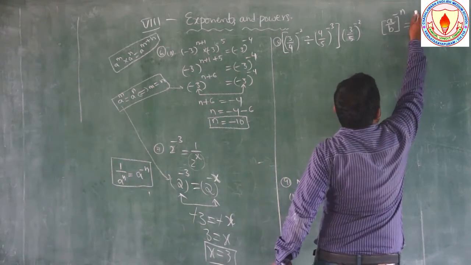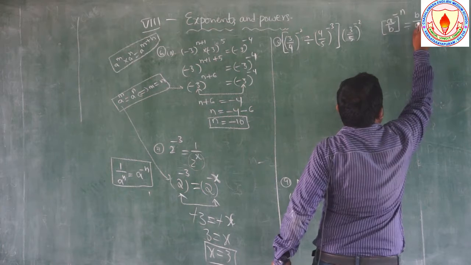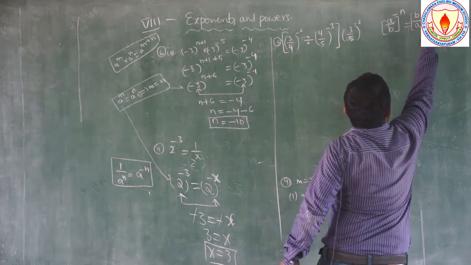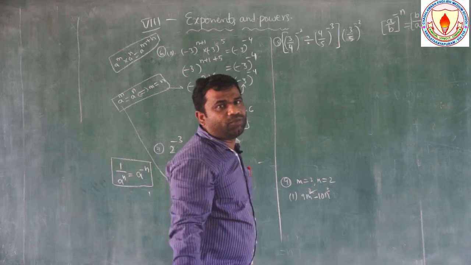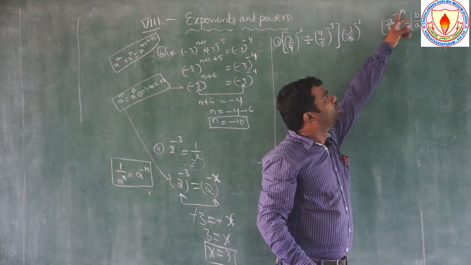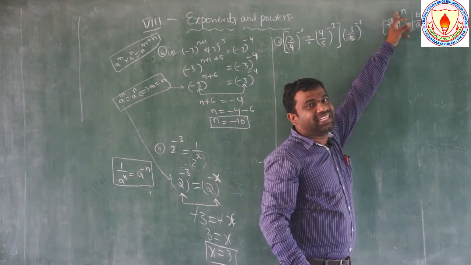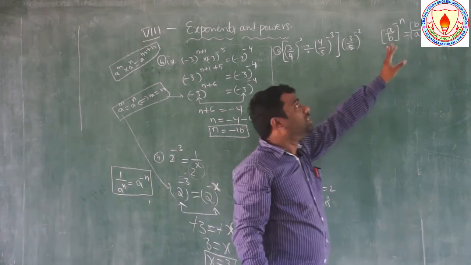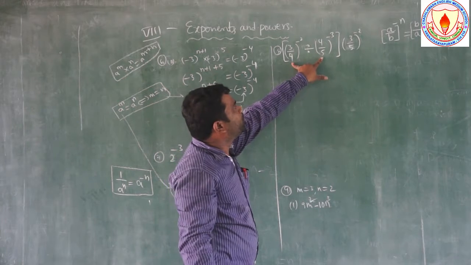A by B means B by A, whole power n. Okay? There is one formula to reciprocal, to nullify the negative value. Power minus n means B by A whole power n.